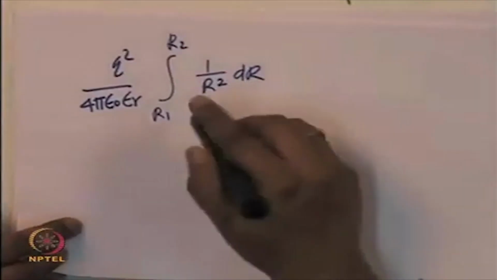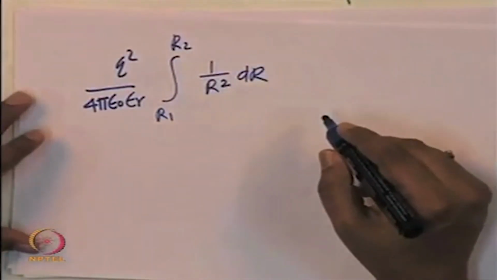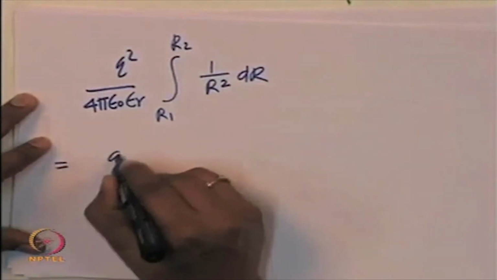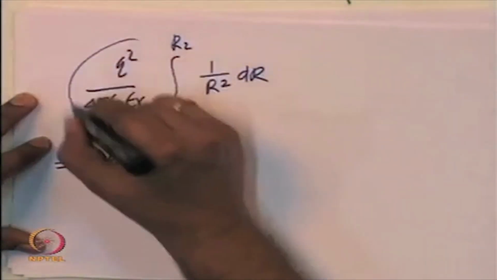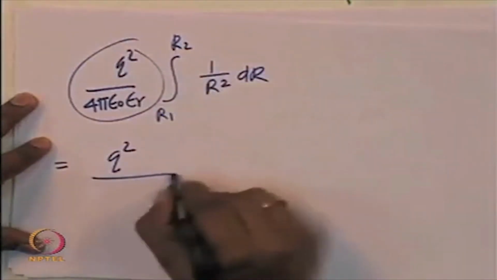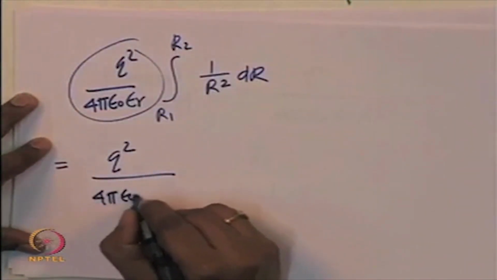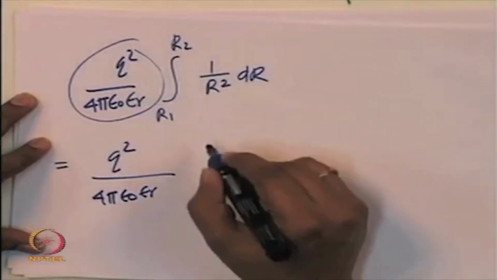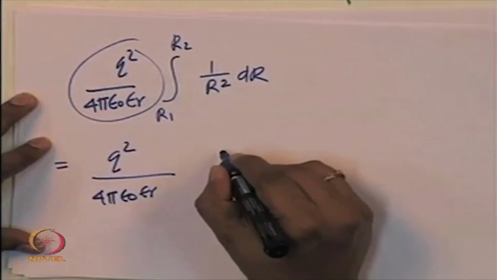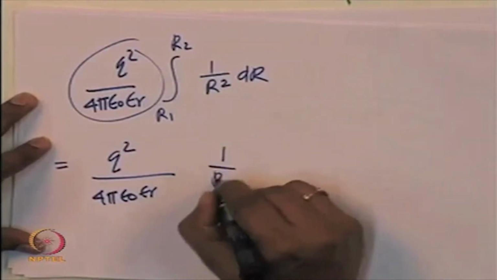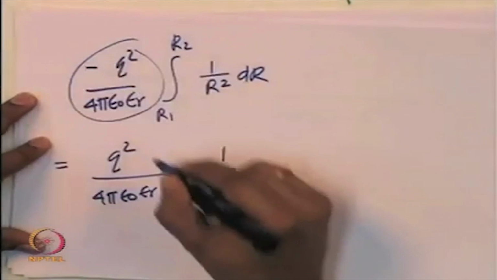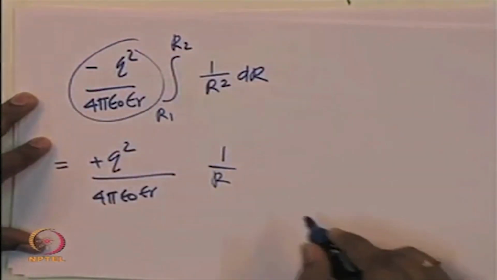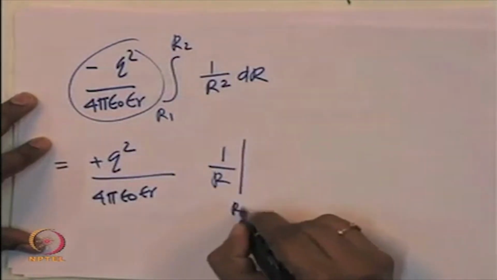The integral of this in the limits r1 to r2 is equal to, this constant exactly remains the same, q square by 4 pi epsilon 0 epsilon r, and the integral of 1 over r square, as we saw, is 1 over r with a minus sign. We had a minus sign here, so that minus sign goes with a plus, it becomes plus here, in the limits r1 to r2.